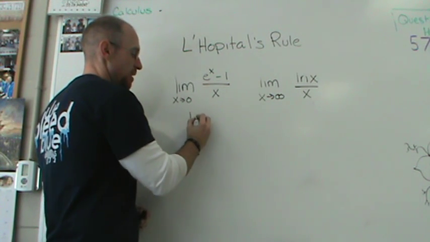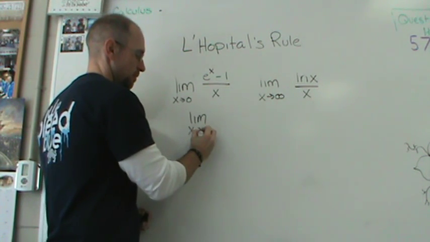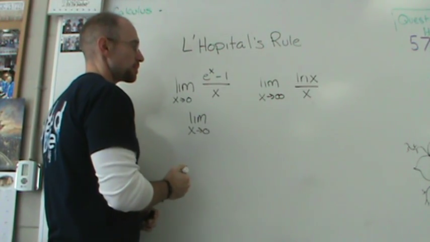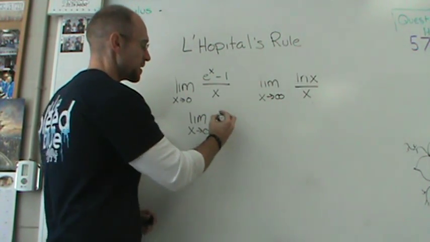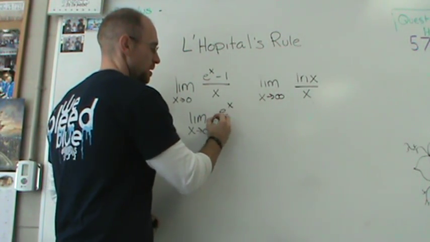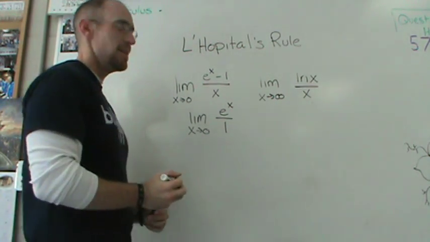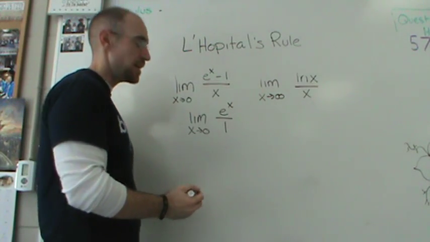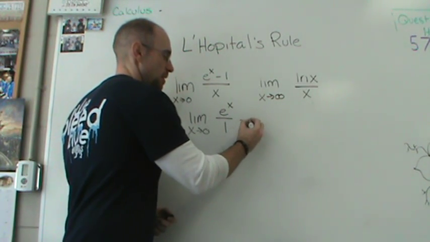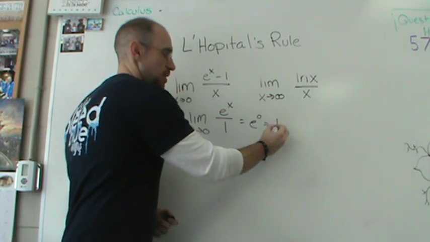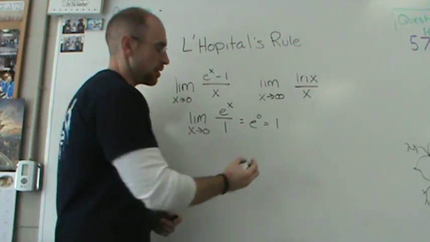So we take the derivative of the top, which gives us e to the x, and on the bottom, which just gives us 1. Now we can substitute directly in, put the 0 in, e to the 0 gives us 1. That's all it is for L'Hopital's rule.